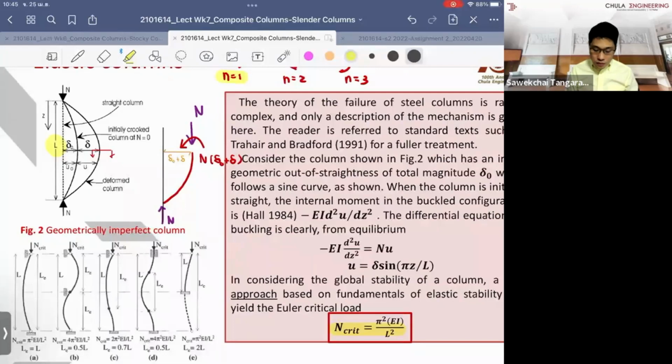And they're saying that if you have a different boundary condition, for example, this type of support, or you have the pin, roller and pin, or the fixed support here, where we have the restrained moment and the fixed support at the bottom, we still can take this equation, but we should adjust it to match the boundary condition by changing the value of the length. The length that we change, we call it the effective length, and this comes from the effective length concept.